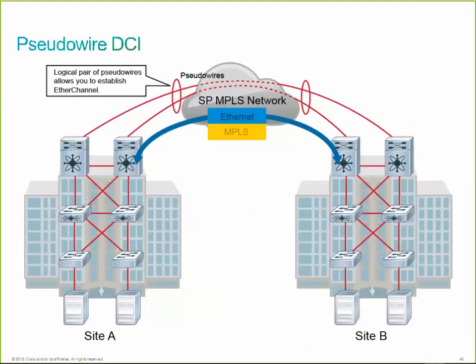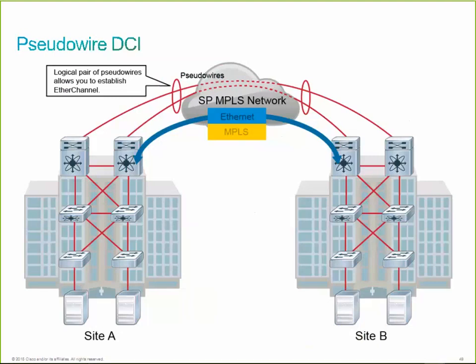A Pseudowire is an emulation of a point-to-point connection over some sort of packet switch network. That's a fancy way of describing what we already talked about when we talked about everything over MPLS, right? Everything over MPLS is a typical service provider Pseudowire service that offers this point-to-point Ethernet connection, right?